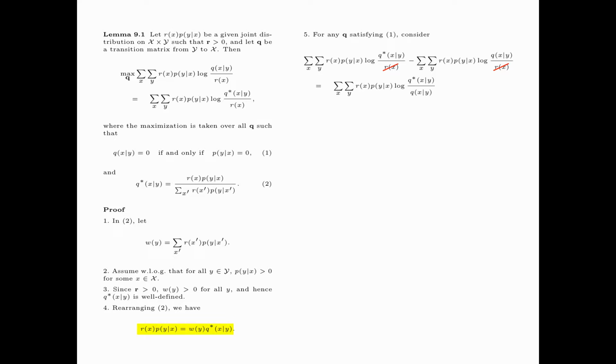Using the relation in step 4, we replace R(x) P(y|x) by w(y) times Q star(x|y).